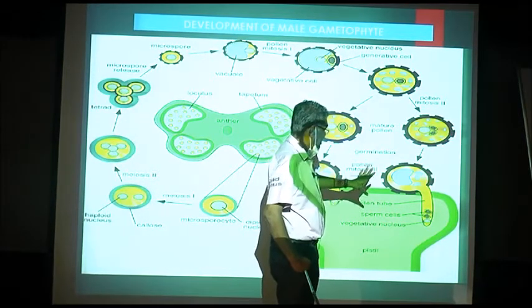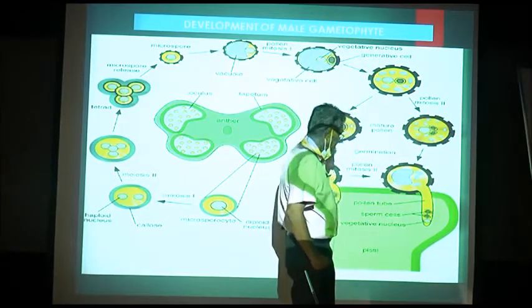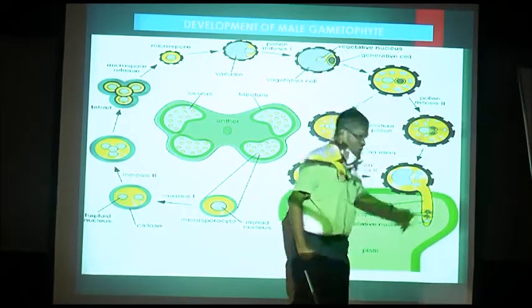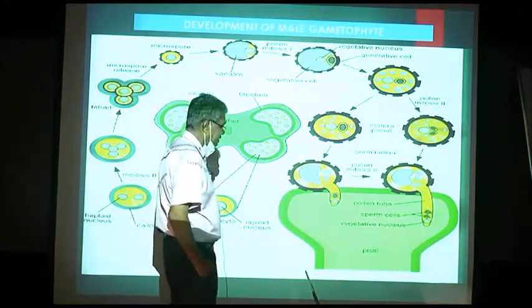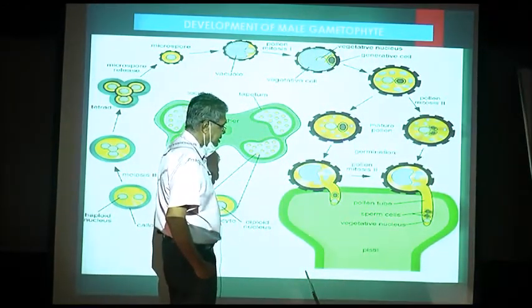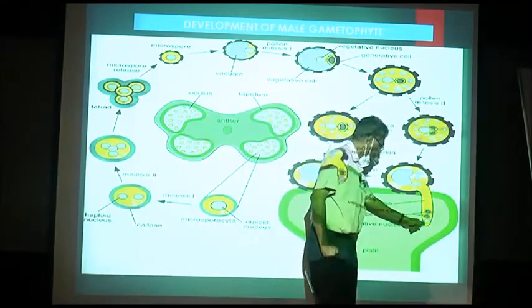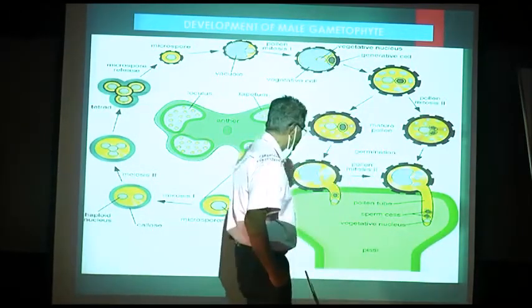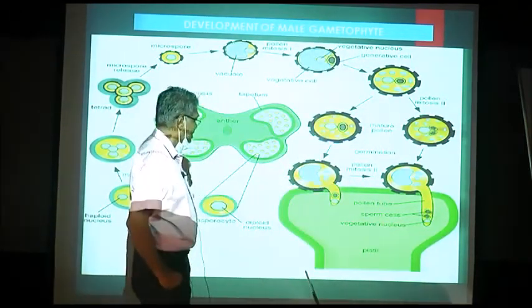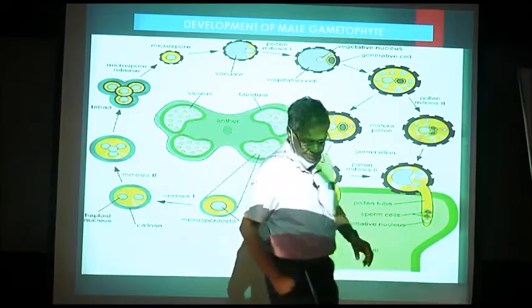Now at this stage the pollen grain develops the pollen tube through the pore on the exine and intine, which is known as germ pore, and the pollen tube first gets the tube nucleus and then the 2 male nuclei, and the development up to this is called the development of male gametophyte.